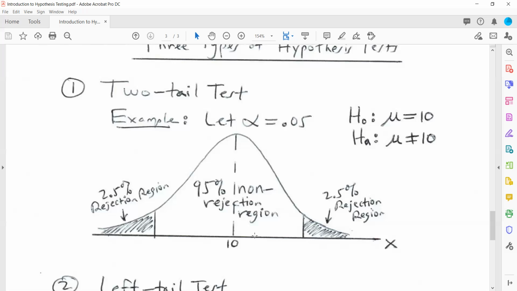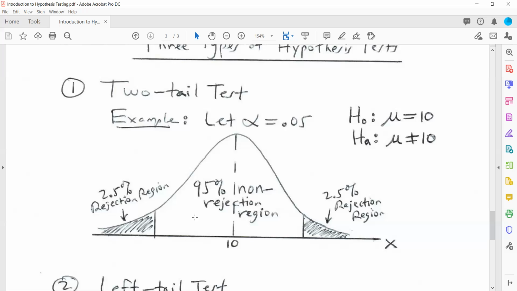So our sample statistic will be plotted along this line also. And if it happens to fall in one of these two regions when we plot it, then the decision is to reject the null hypothesis. If the sample statistic falls somewhere in between these two values here in this so-called non-rejection region, we say there's not enough evidence to reject the null hypothesis.